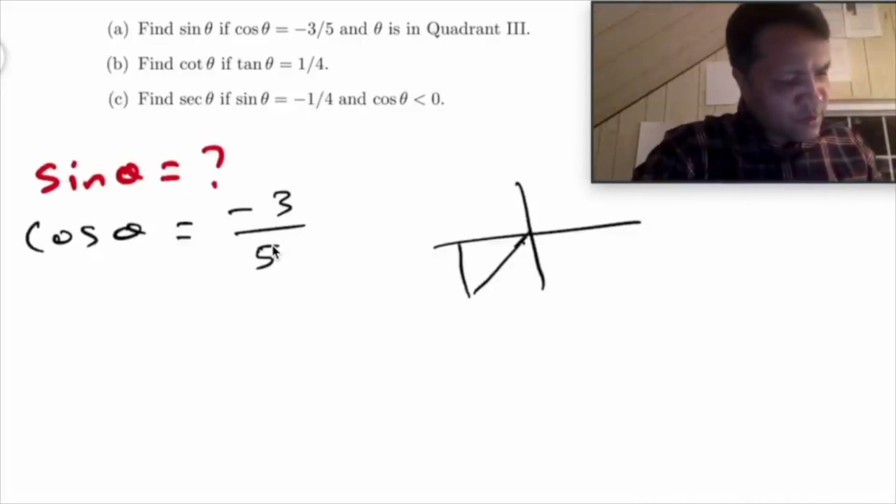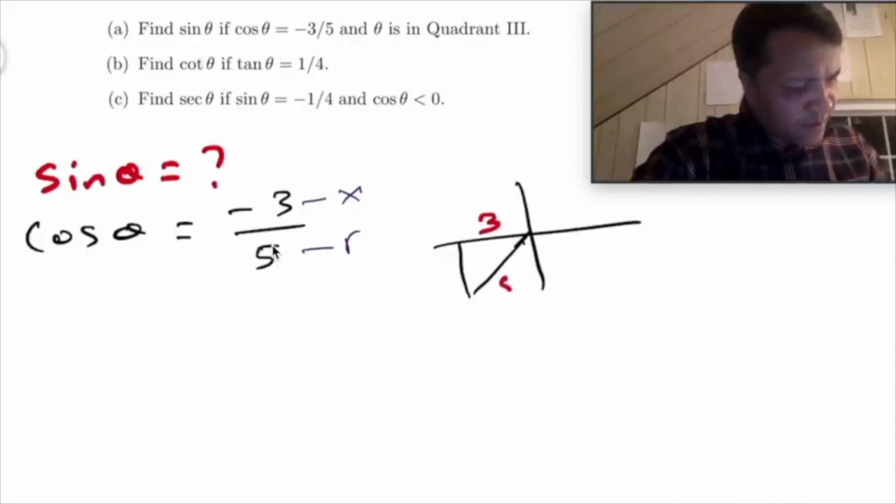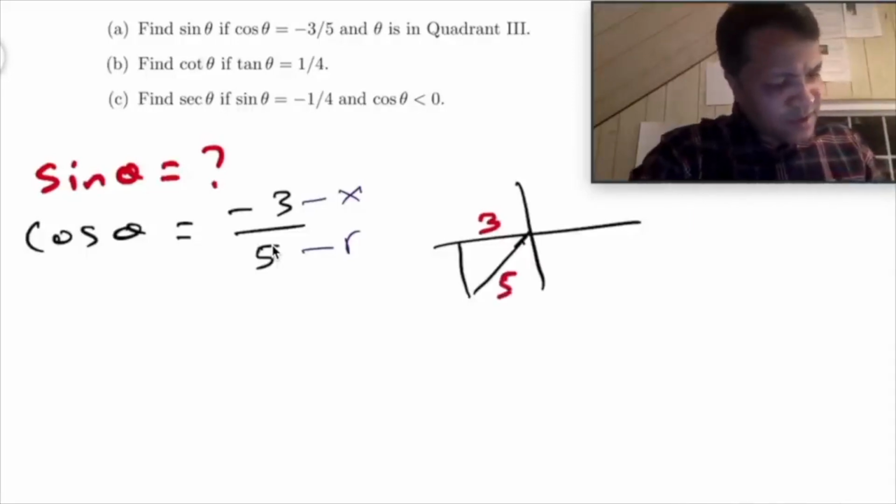All right. So we know so much. We know that this is x and this is r. So then this must be 3 and this must be 5. The Pythagorean theorem, a squared plus b squared equal to c squared, will give us the y.